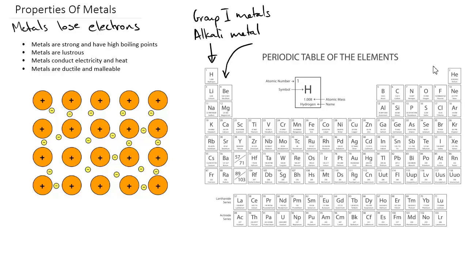Now this group here, beryllium, magnesium, calcium, and so forth, is known as the group 2 metals. I may as well stay consistent and write the Roman numerals, group 2 metals. The group 2 metals are known as the alkaline earth metals.